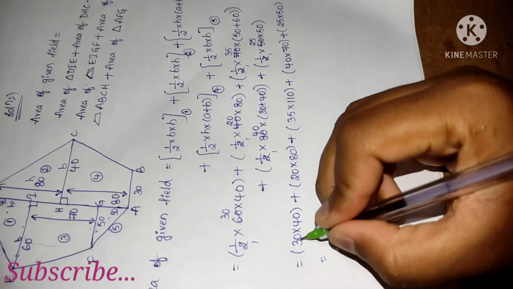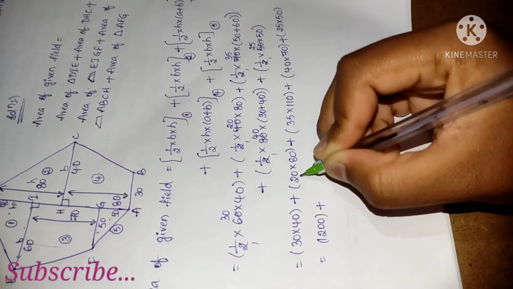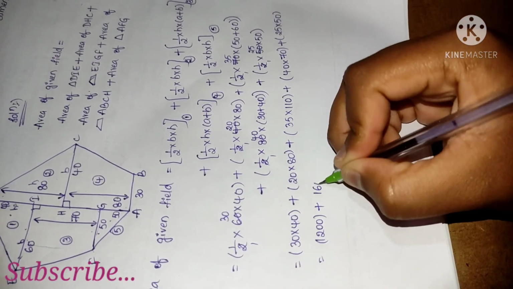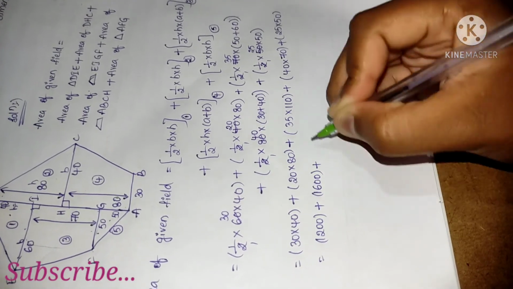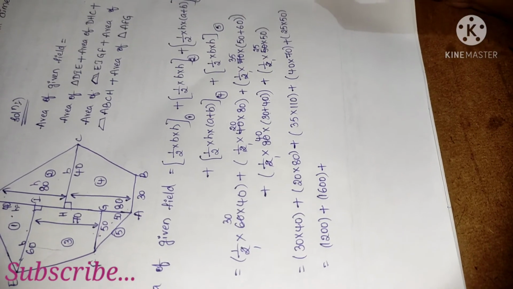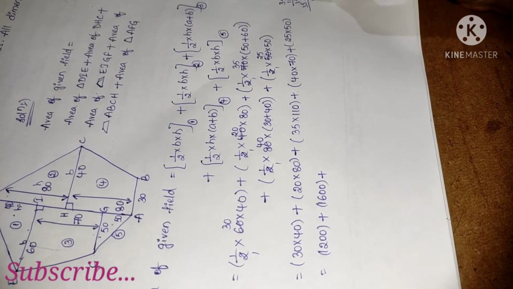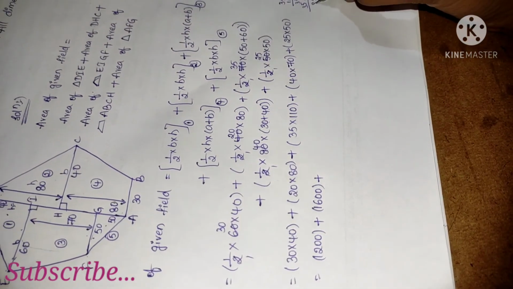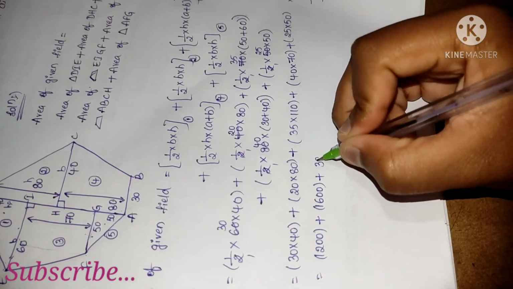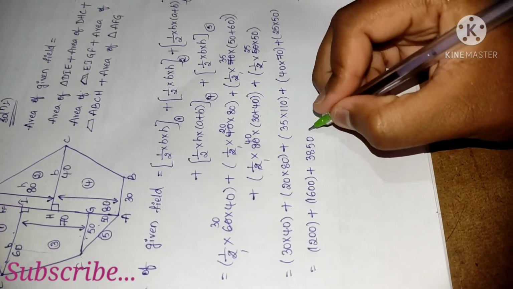Now 30 into 40 is 3 4s are 12 and 2 zeros, so 1200. Plus 20 into 80 is 2 8s are 16, 2 zeros, 1600. Plus 35 into 110, I am doing rough work this side, 35 11s are 385, and a zero, so 3850.